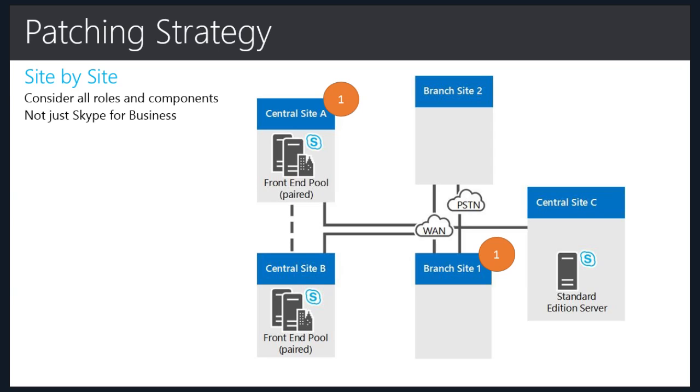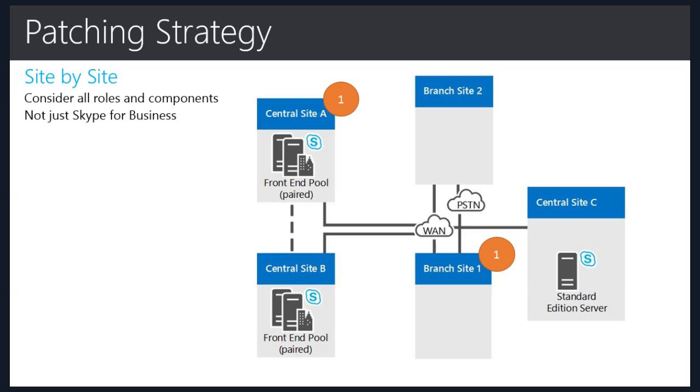And we would patch everything that is inside those sites, and everything is really everything that is Skype for Business related, not just Skype for Business. So we would patch all roles that are Skype for Business, SQL servers that are associated, AD, ADFS, etc. Everything that is associated with this particular site. And we're going to talk about this in a bit more detail in the next slide.